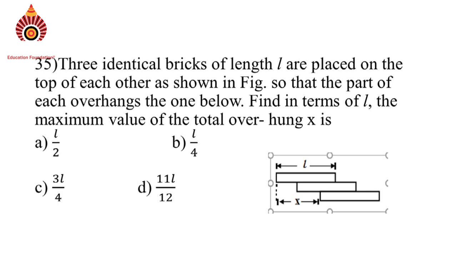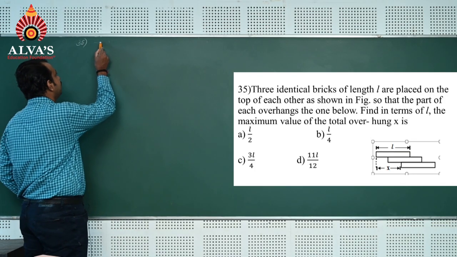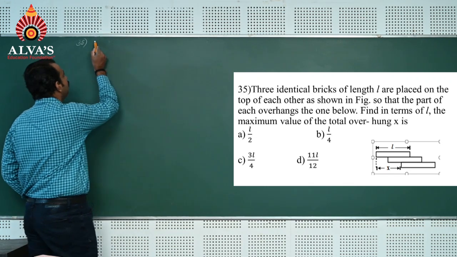Three identical bricks of length L are placed on top of each other as shown in the figure, so that part of each overhangs the one below. Find, in terms of L, the maximum value of the total overhang X. You just consider three bricks placed one above the other.